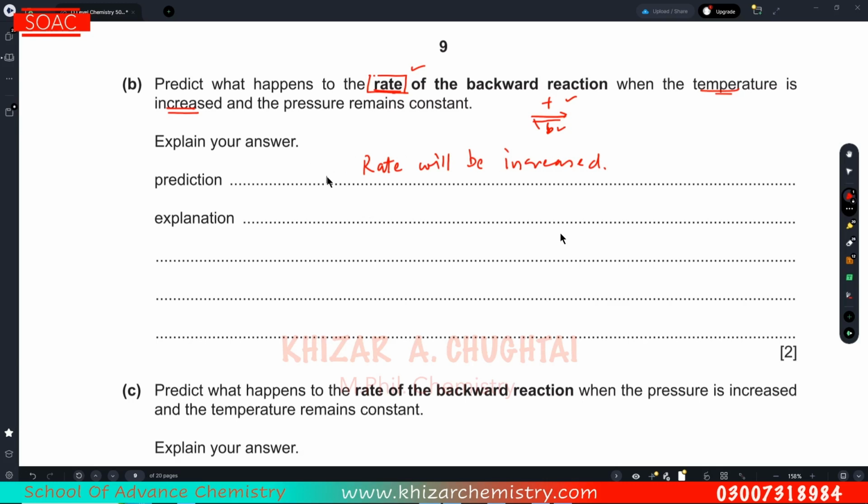What's the reason behind it? The reason is basically number one, more kinetic energy of the particles will be there. Our particles move faster. Our particles have more kinetic energy.